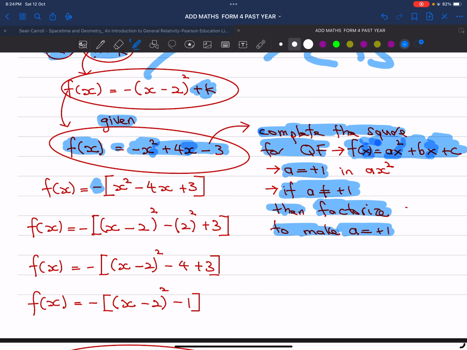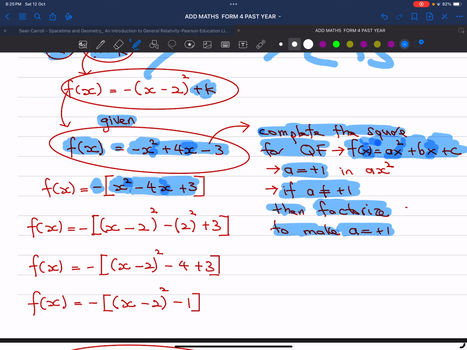So when I take out the negative, inside the bracket becomes positive x squared, positive negative is negative 4x, and then negative and negative become positive 3.